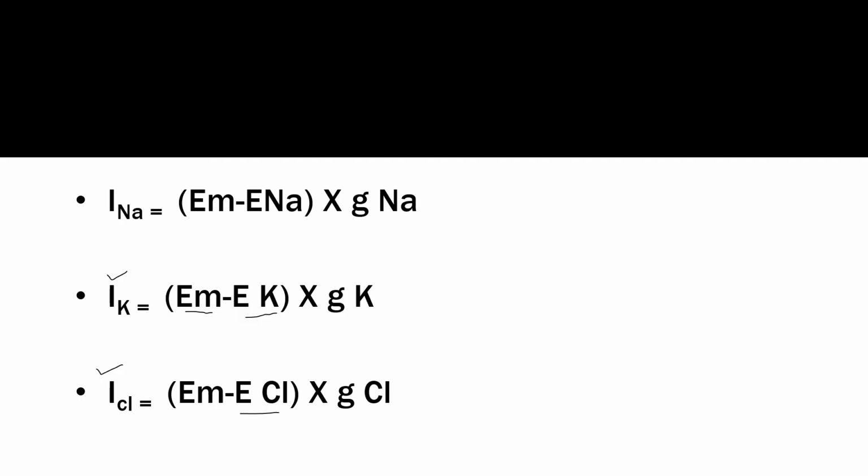Similarly, in case of potassium, the resting membrane potential minus the equilibrium potential of potassium, from the Nernst equation we got it as minus 90, into the conductance of potassium. And the chloride current will be equal to the resting membrane potential minus the equilibrium potential of chloride into the conductance of chloride.